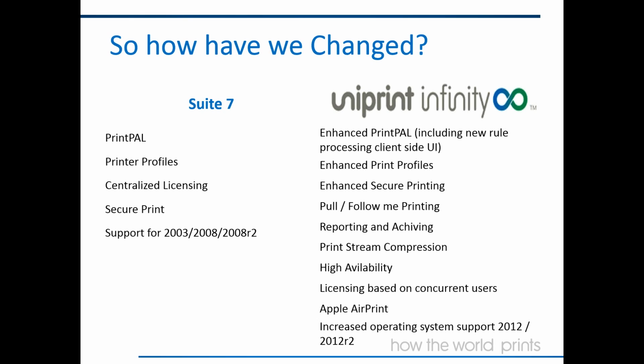We've added support, reporting and archiving as well, and it's quite important that we cover the archiving bit, because if you do have sensitive information, as we saw from the Nigel Stepney thing, we have a mechanism for actually showing what we've done. We've added print stream compression. Now, everybody thinks, oh, I can cover that with other bits and pieces.